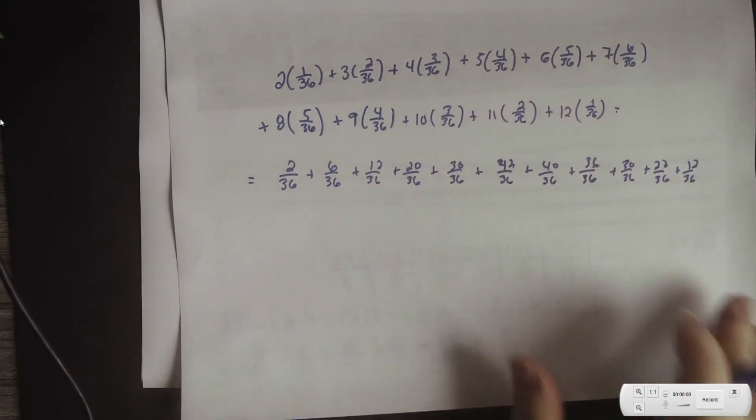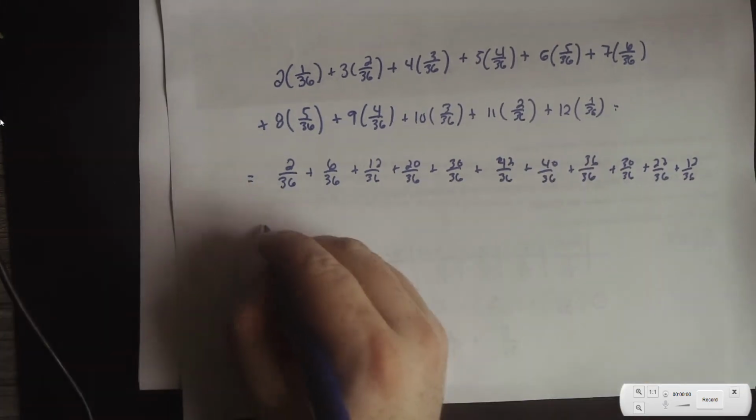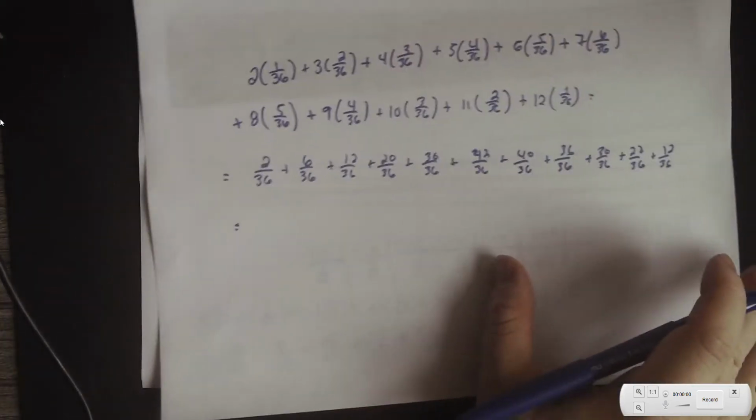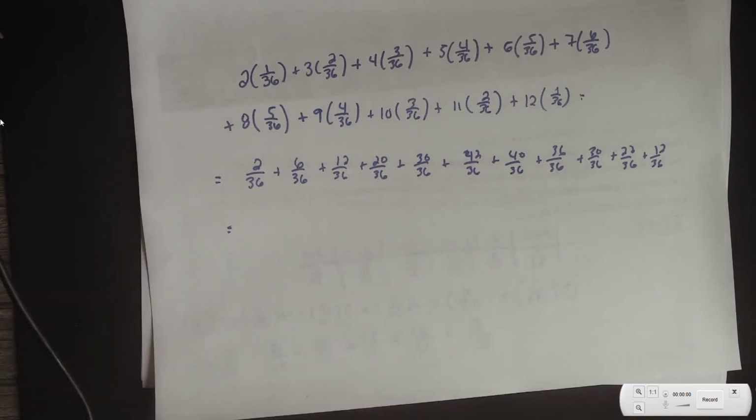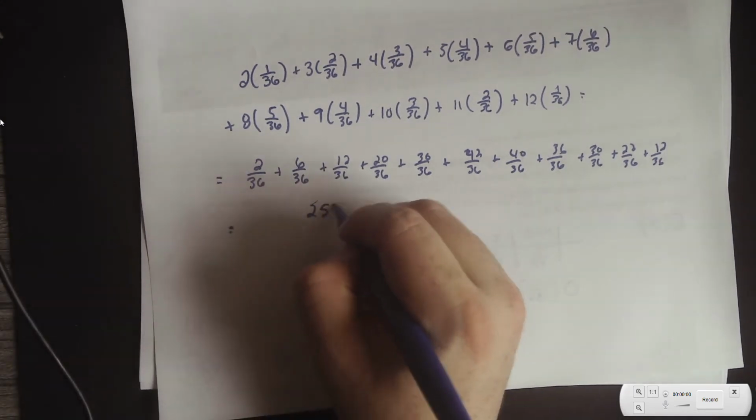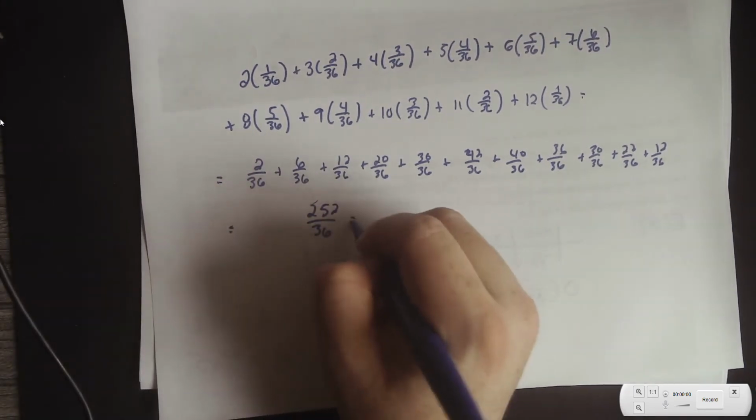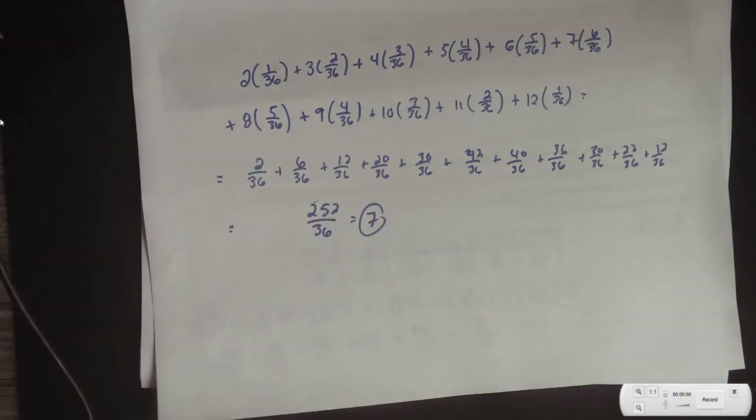And you definitely don't want to simplify them, because when we add them up, they all have to be over the same denominator. And what it should give me is, let's see if I add all these up real fast, it should be 252 over 36, which gives me 7, which is pretty much what you would think, basically. On average, you should be getting a 7. Makes sense. Again, that's why 7 is lucky.